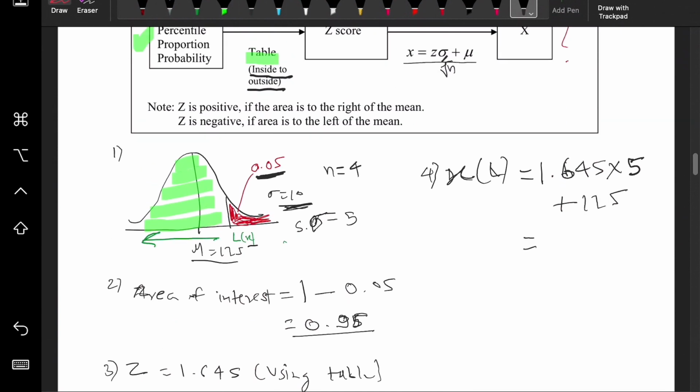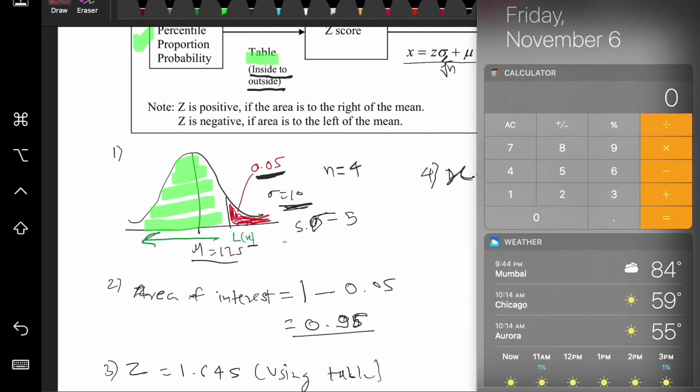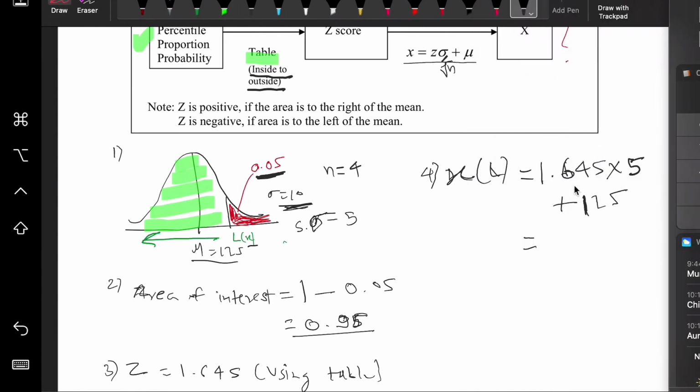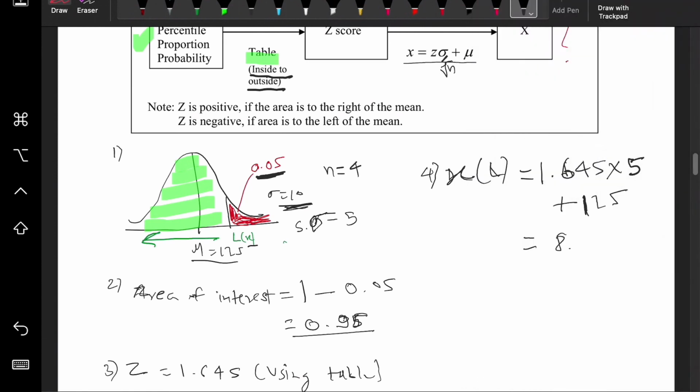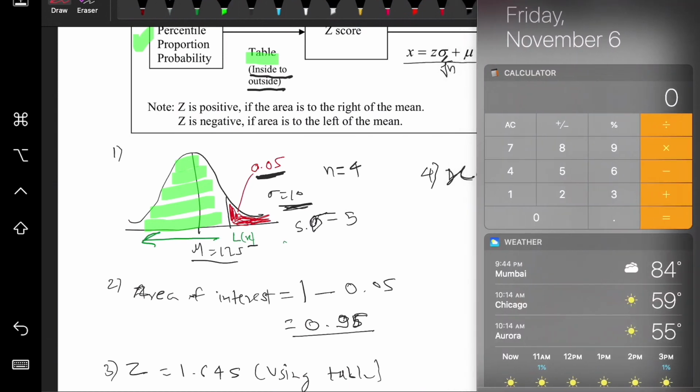Now you solve this math and you should be able to get the final answer. So that's 133.225.